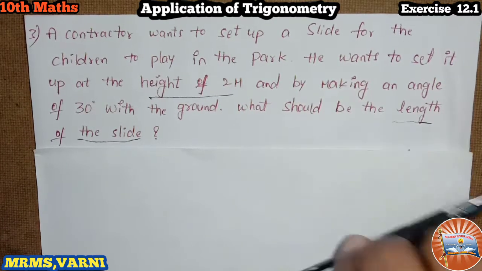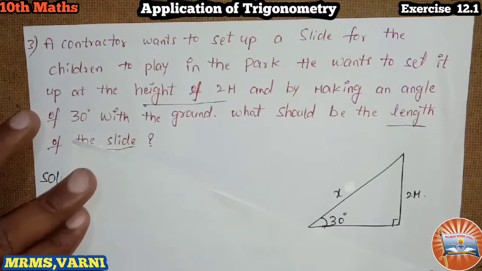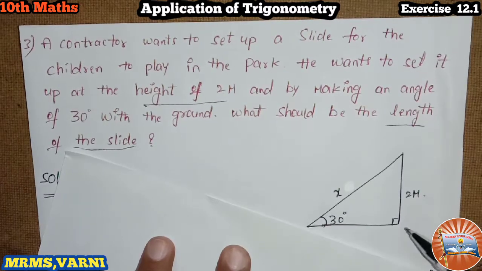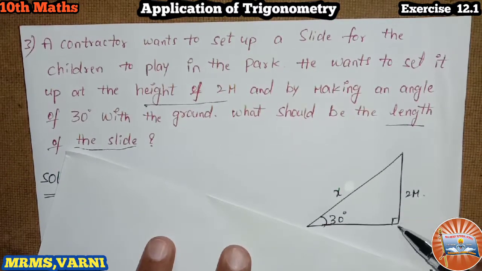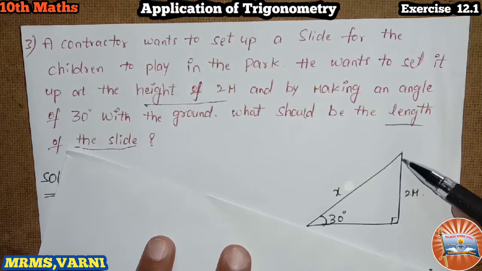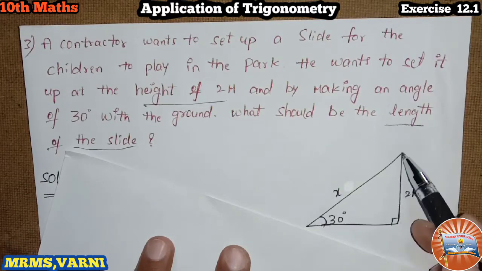Look here, this is the diagram I have already drawn. This is the ground, and this is the height of the slide from the ground. So he wants to set it up like this.